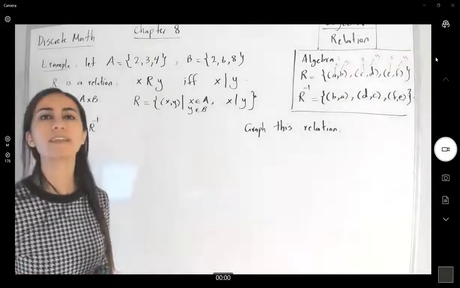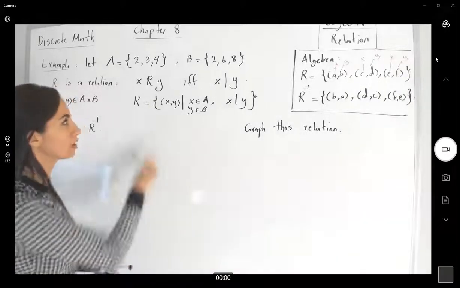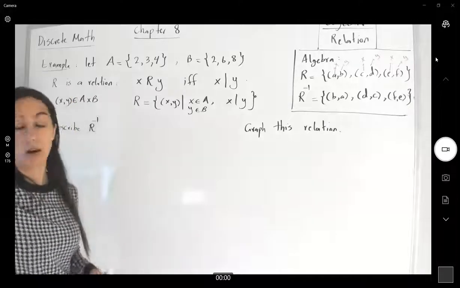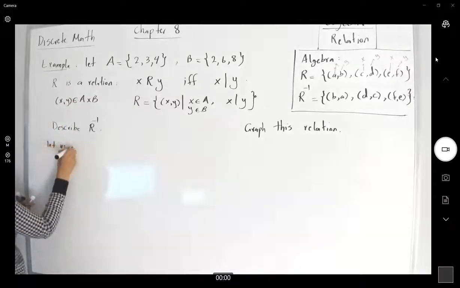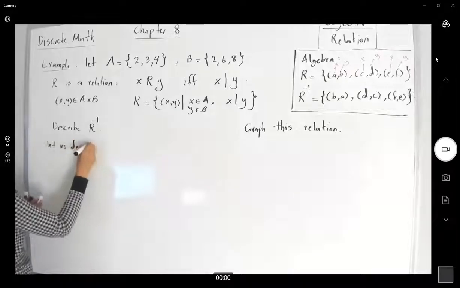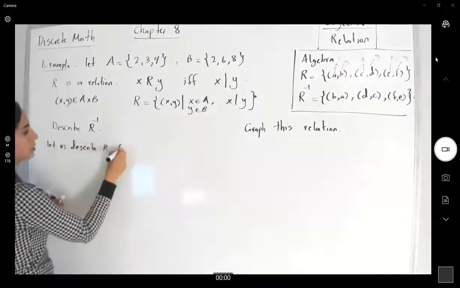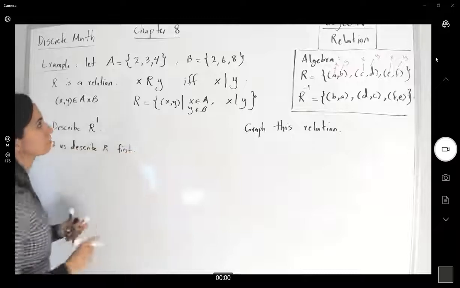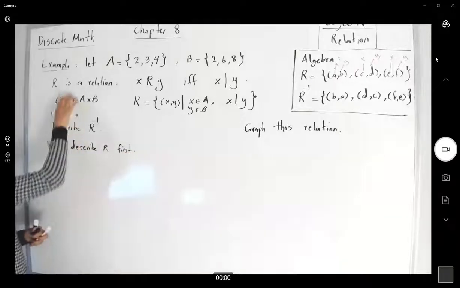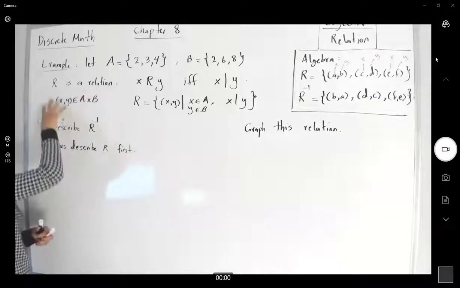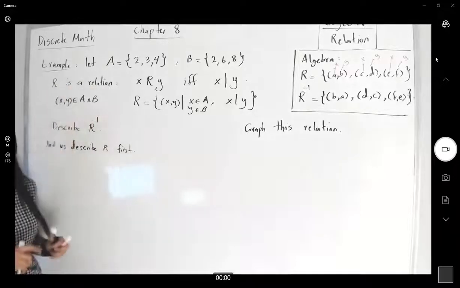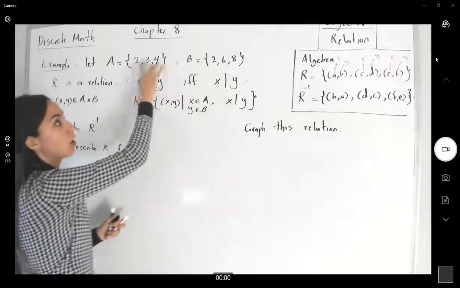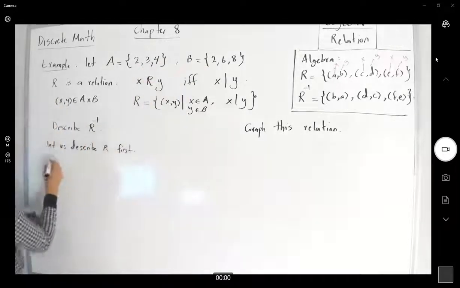Okay, so first you need to know what is R. What are the elements in R? Let us describe R first. We know that we have to have all the elements in the Cartesian product between A and B. So you get 9 ordered pairs.